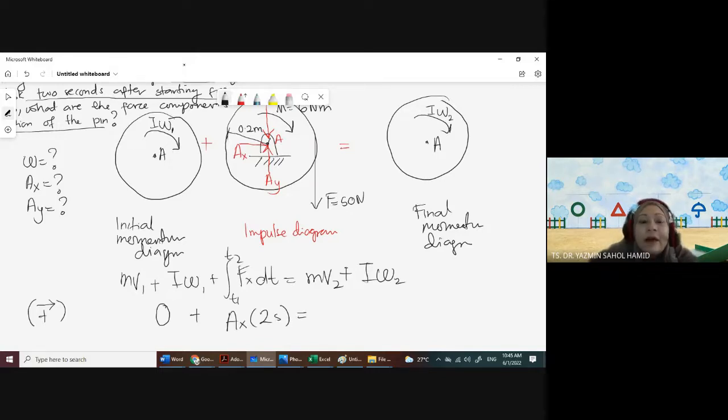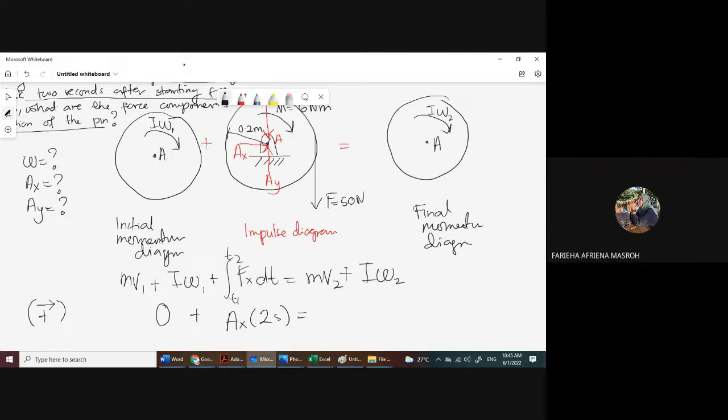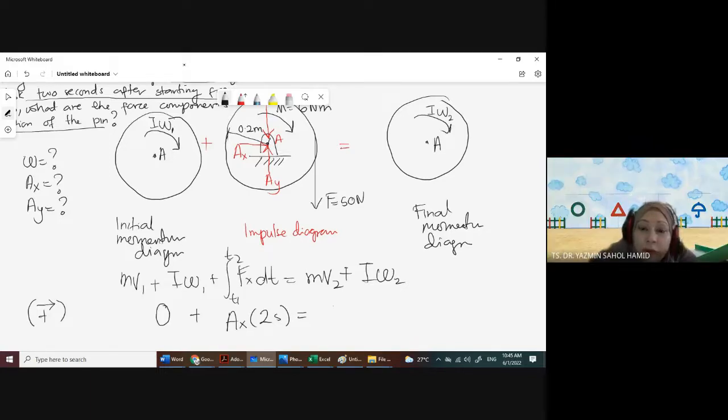Okay. Now, do you have any movement in the X direction? No. So ni pun kosong. You understand?